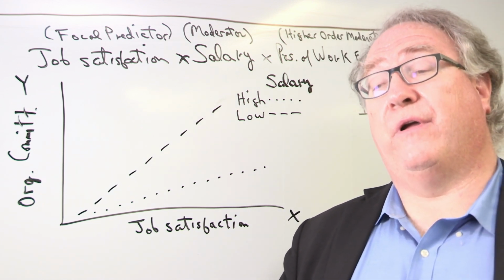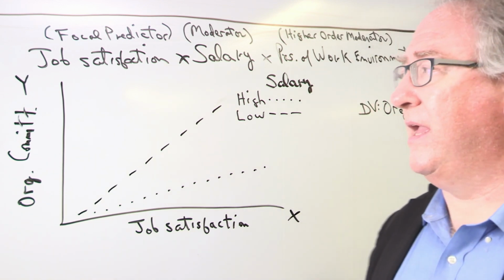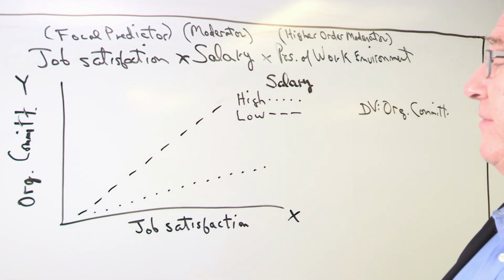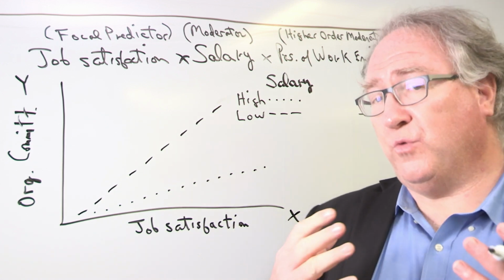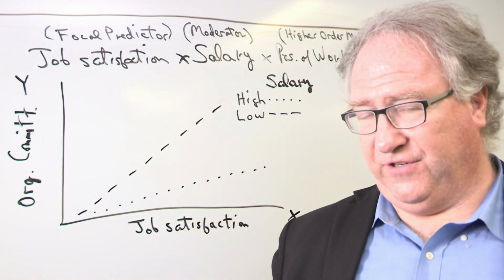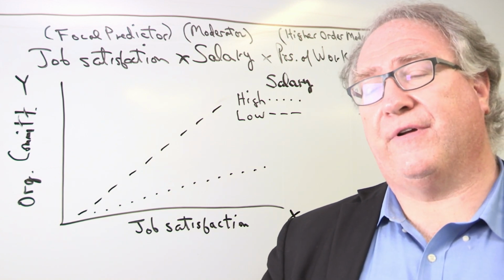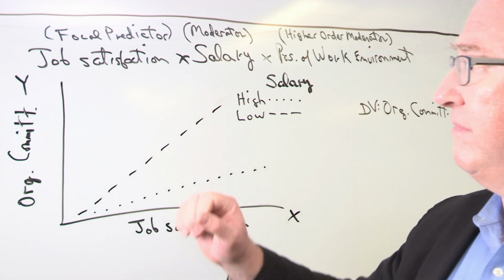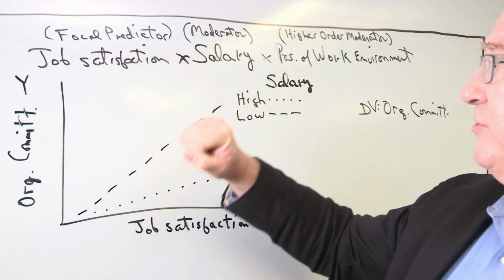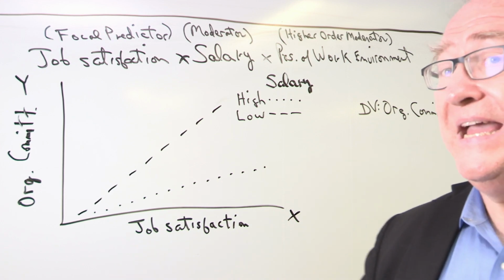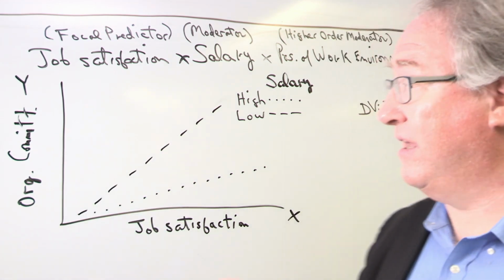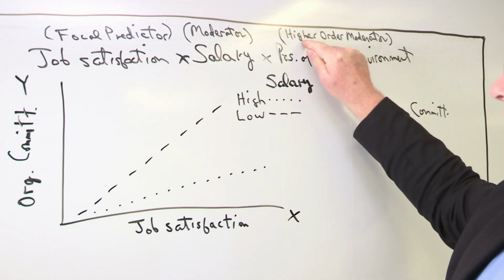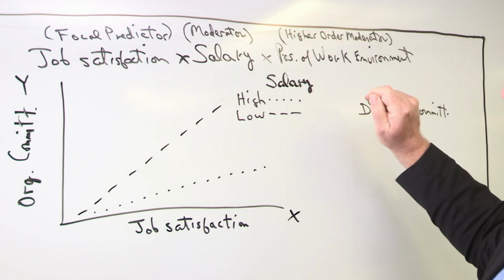Okay, now, next step. When you're looking at a three-way interaction, what you're really asking yourself is whether how the two-way interaction looks, in this case of job satisfaction by salary, depends on the positiveness of the work environment, or the higher order moderator.